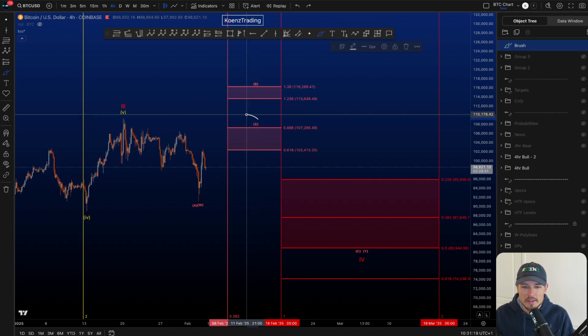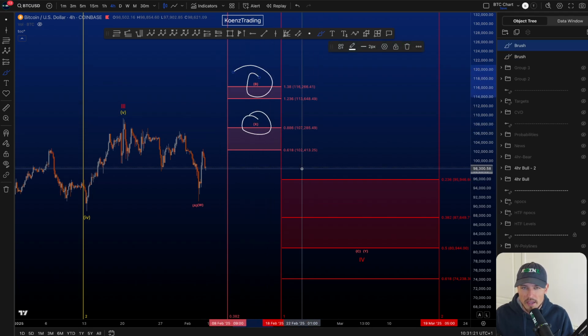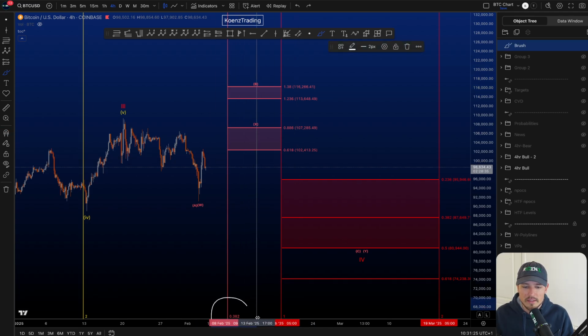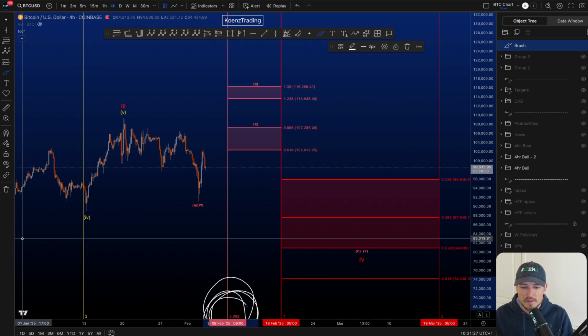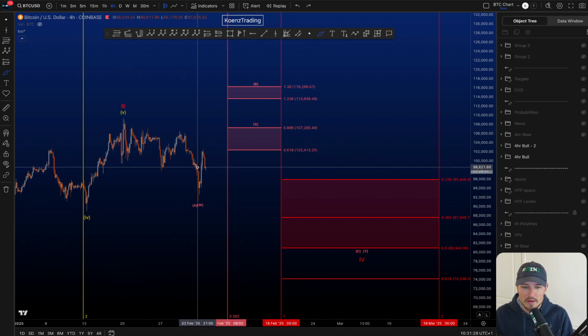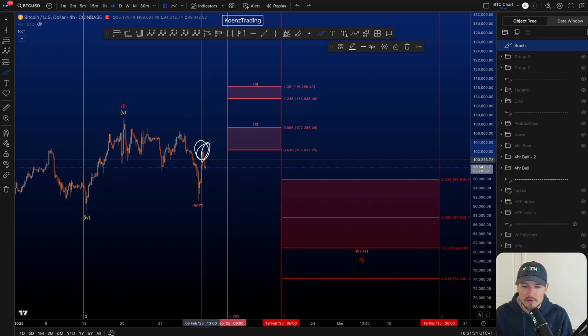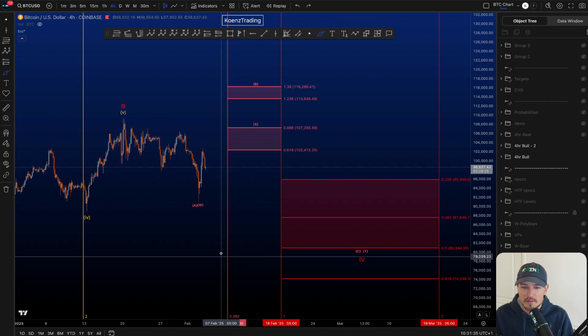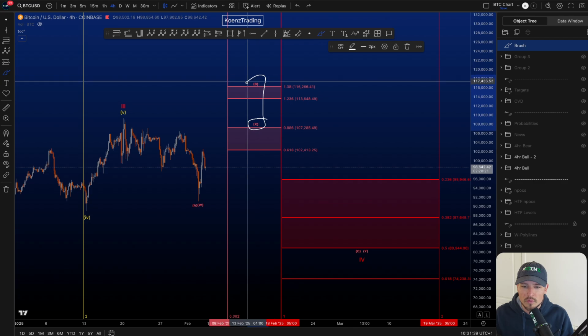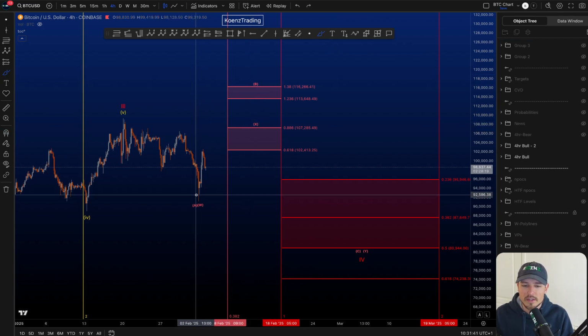Because preferably this wave X or this wave B comes after at least the 0.382 Fib time, which is the 8th of February, which is not where this high is made. This high is, of course, made far before the 8th of February. So in other words, probabilities are higher here that X or B are not yet finished.